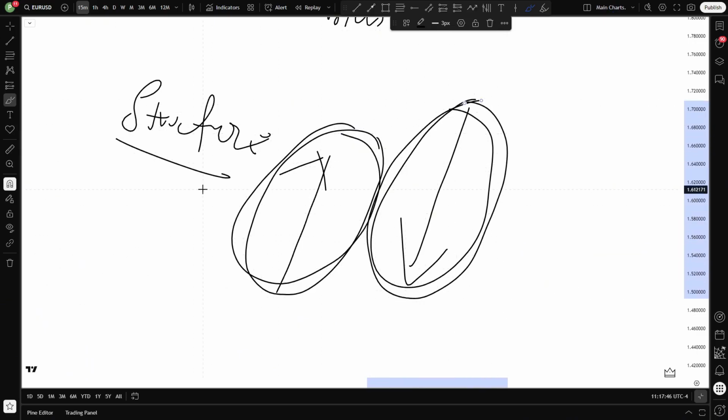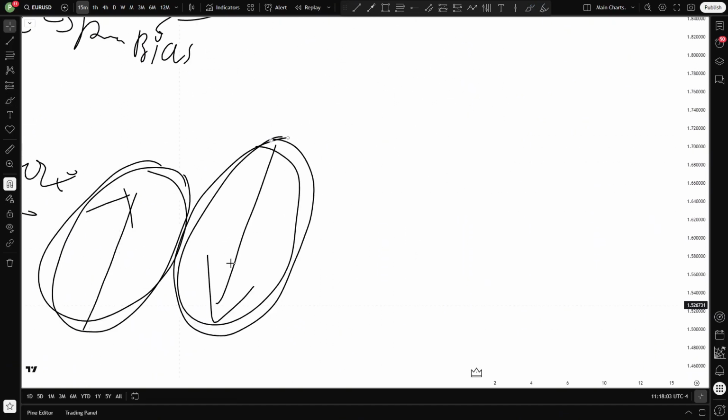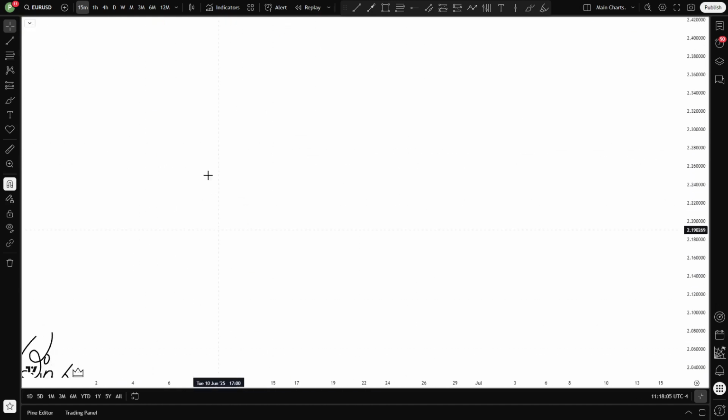This is what structure is about. This is basically about knowing the direction of the market, or the underlying directional idea of the market, or the underlying direction that the market is moving in. But obviously this alone isn't enough. We still have to figure out the origin and destination, and that's what narrative does for us.